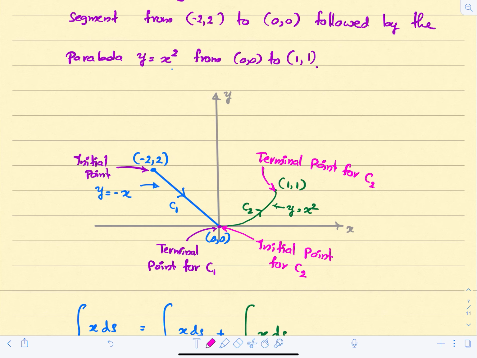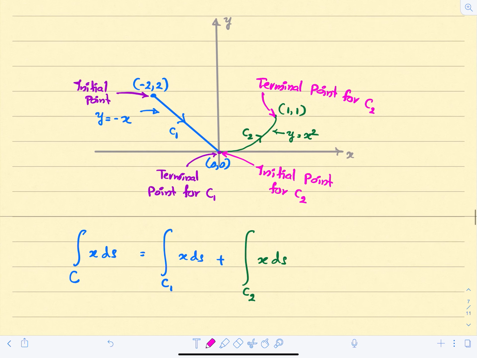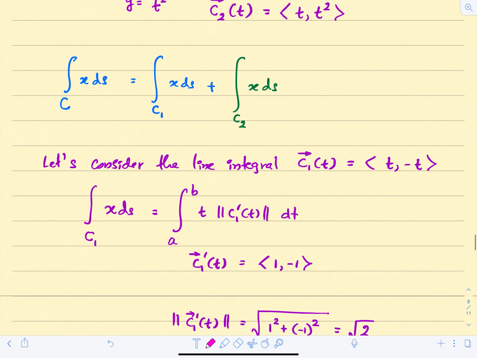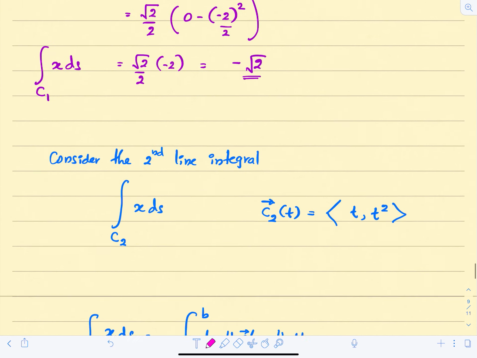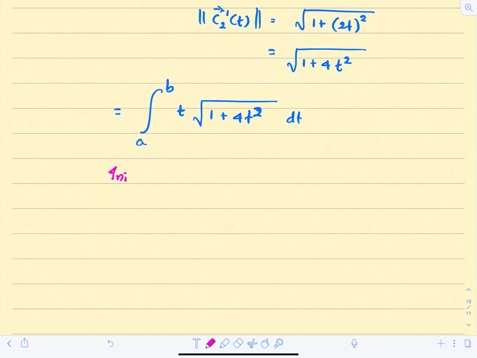So what should be the range of t? Your initial point is 0 comma 0, the terminal point is 1 comma 1, and your curve C2 has the parametric equation t comma t squared.